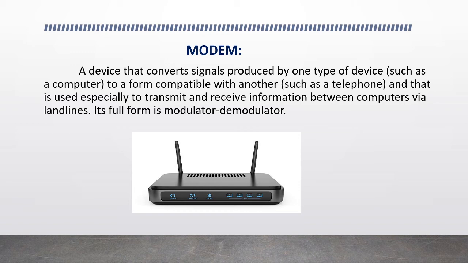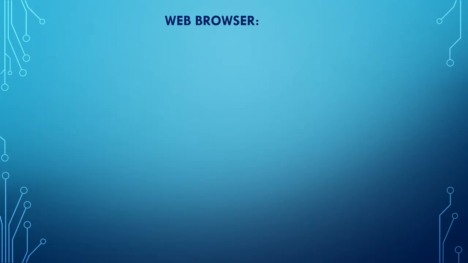As I've already said, its full form is modulator and demodulator. It means it modulates and demodulates the signal. That is, it will convert the digital signal into the analog signal, and the analog signal back into digital.